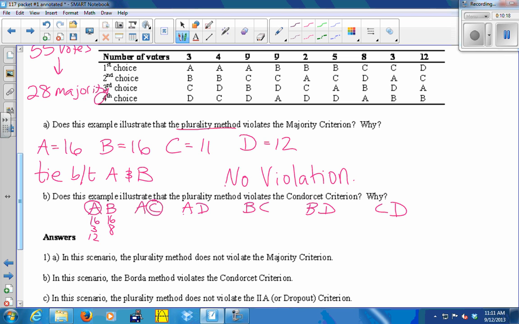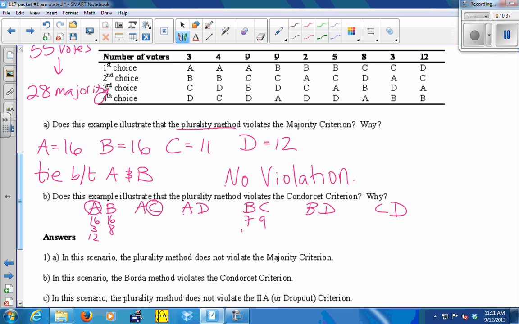All right, let's look at B versus C. So these 3 would choose B. These 4 would choose B. But these 9 would choose C. So I've got 7 and 9 so far in the first 3 columns. And then in the next 3 columns, they all have B in first place.